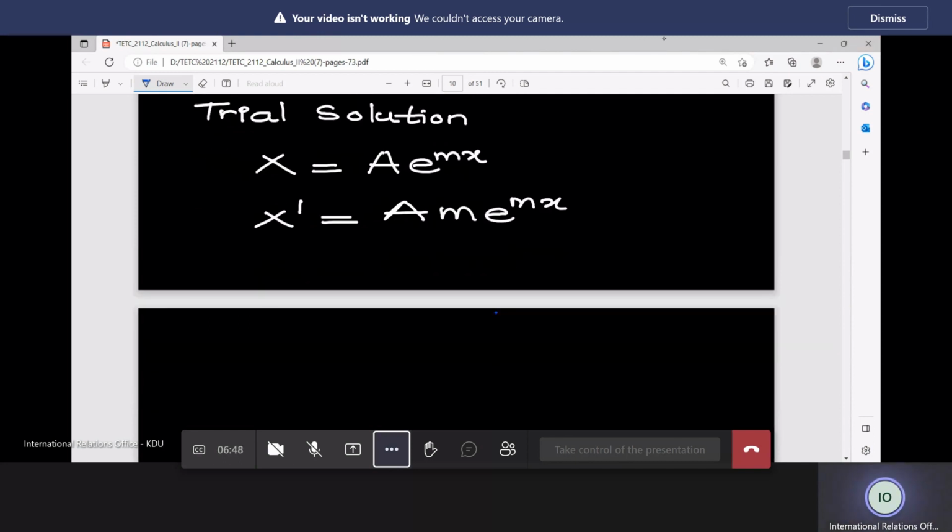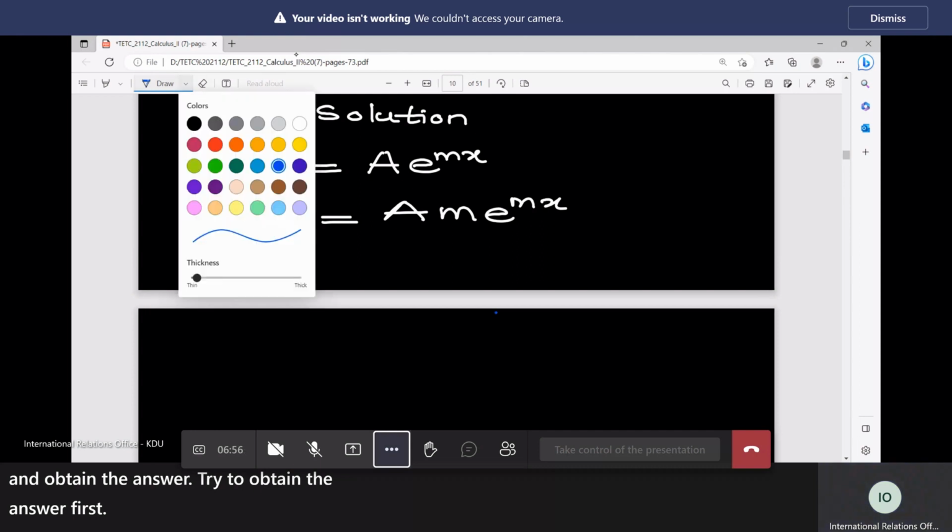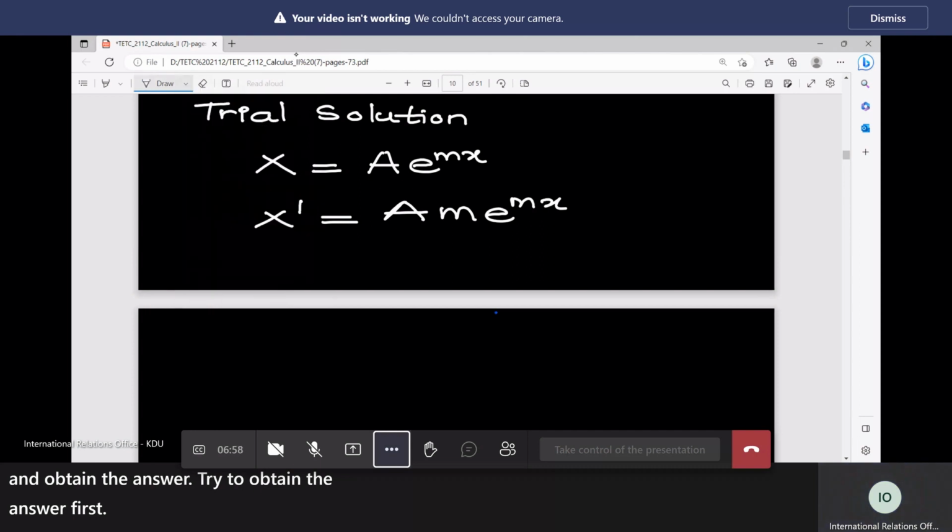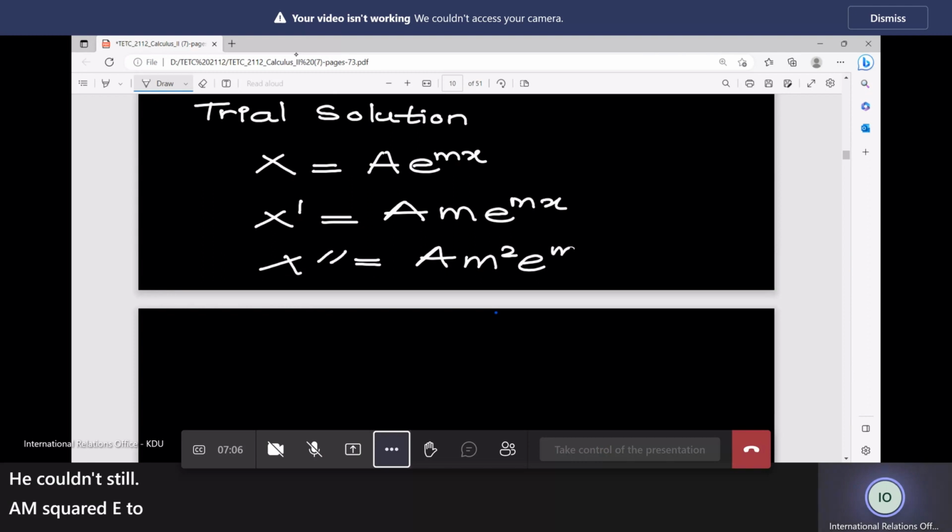Just substitute this into the original problem and obtain the answer. Let's try to obtain the answer first. So x double dash equals to a m squared e to the power mx.